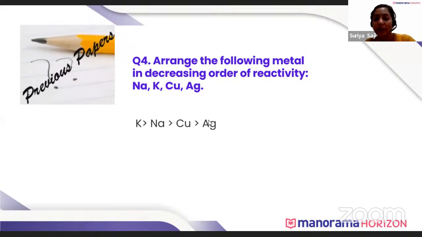Silver is the least reactive. That is why we make silver ornaments, right? In the long run, silver also gets corroded. We said that the black coating over silver is due to silver sulfide. Then copper. This is the answer. Good.